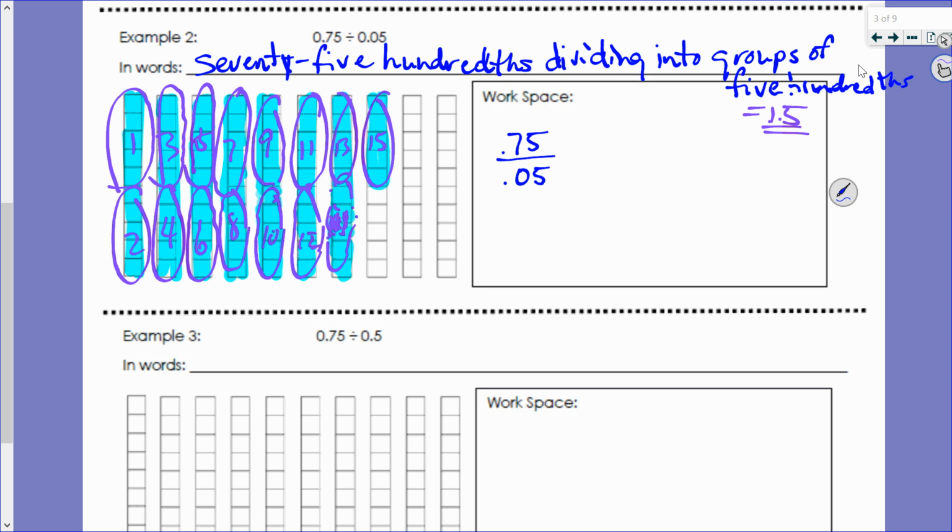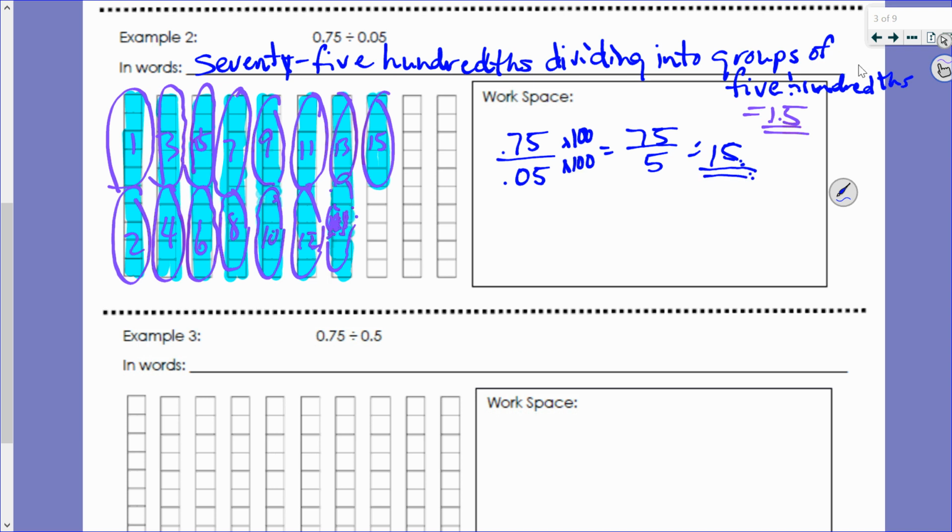So if I have 2 decimals, what do you think I should multiply by? 10, 100. 100, right? Because that's got 2 zeros. So I'm going to multiply them both by 100. So it's going to give me 75 and 5, which we know would simplify down to 15, which actually is the number we expected to get after we saw our model, didn't we?